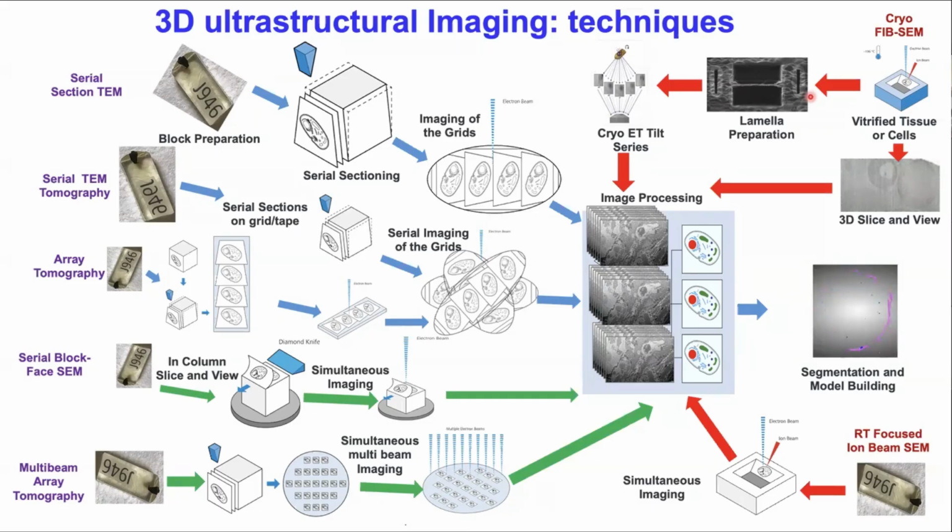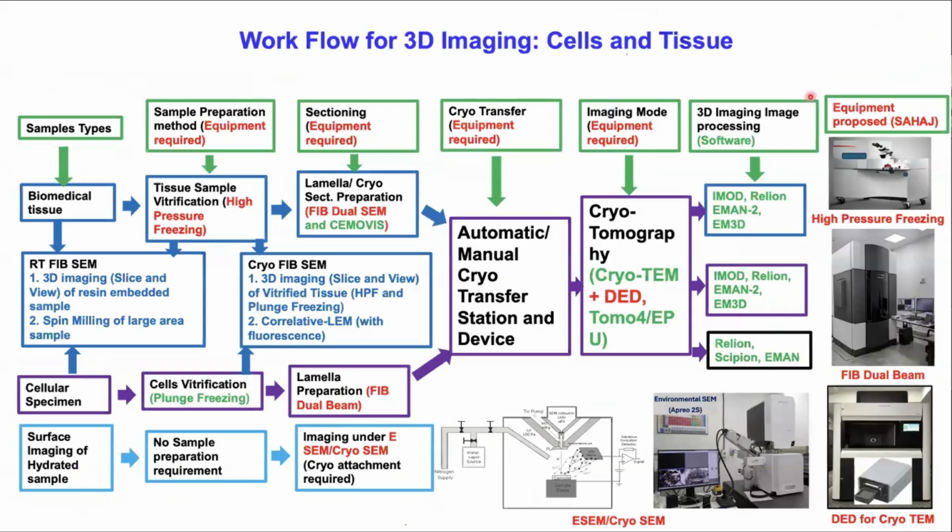So if you have to go with different samples, how do we proceed for 3D imaging? If you have biomedical tissues, you must go with high pressure freezing, because tissue samples are going to be thicker than 10 micron, which is not going to be possible to vitrify.